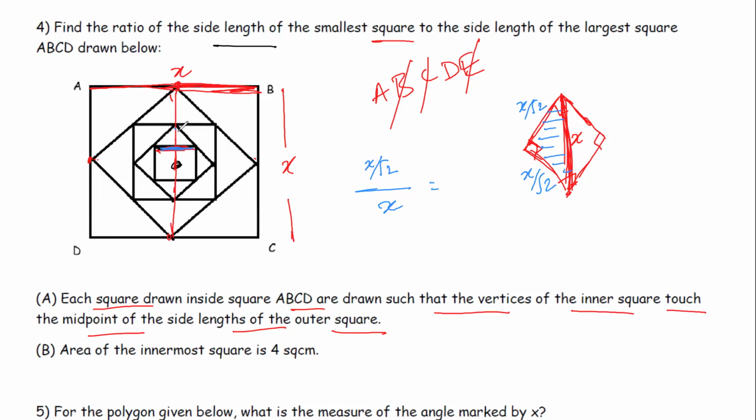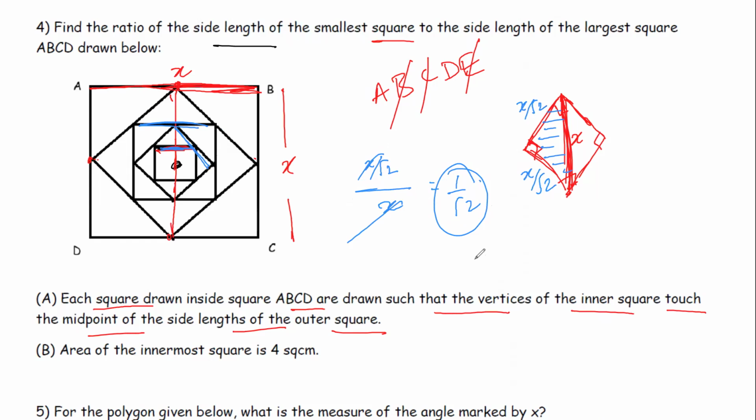The smallest one to the next bigger one will be x by root 2 upon x. So let's find out. X and x cancel, the root 2 comes down, so the ratio is 1 by root 2. So we know that the immediate smaller square to the immediate larger square is in the ratio of 1 is to root 2.